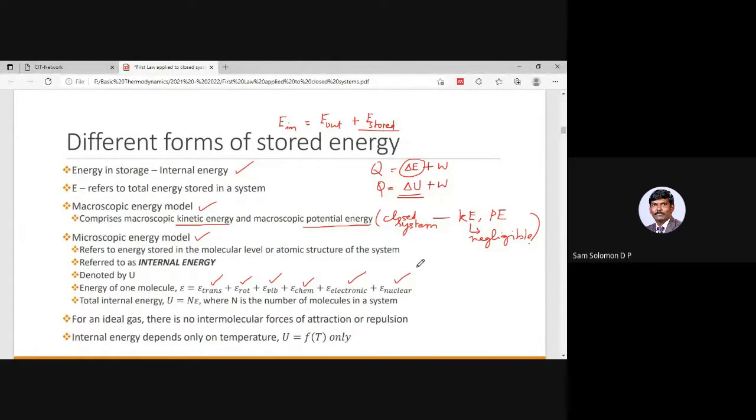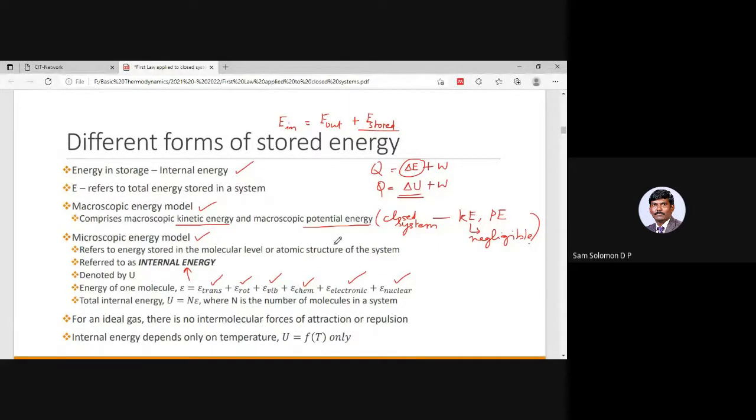Okay, so you need to understand that that is the kind of energy that is inherent in a substance, in a molecule, at the atomic level. These are all the energies that we have. So all these put together, we call that internal energy.